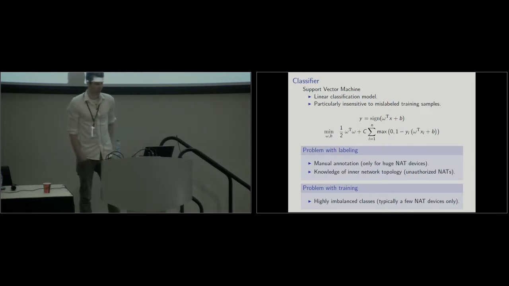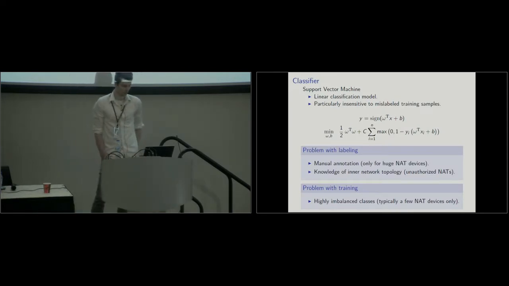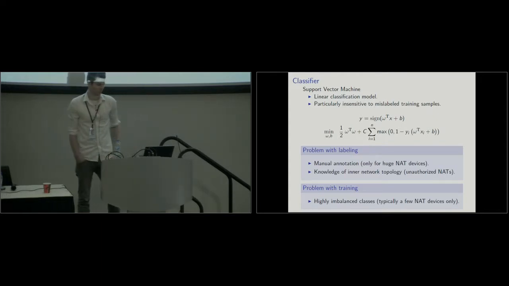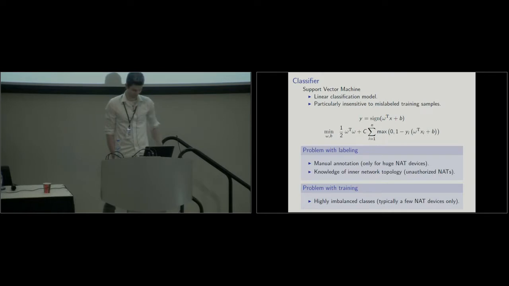And to classify the hosts in the network, we use a linear classification model called support vector machine. We decided to use this classification model as it is largely insensitive to mislabeled training samples. I will comment on it later.